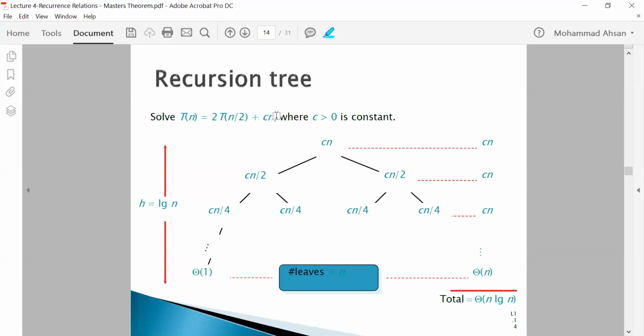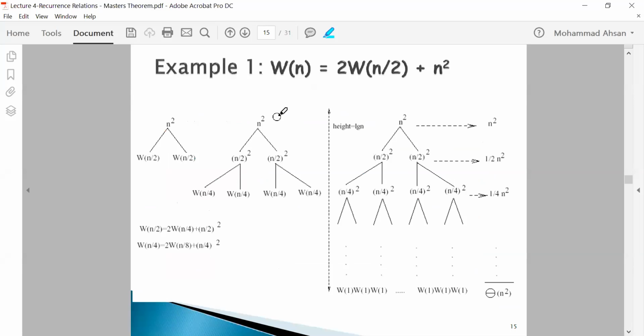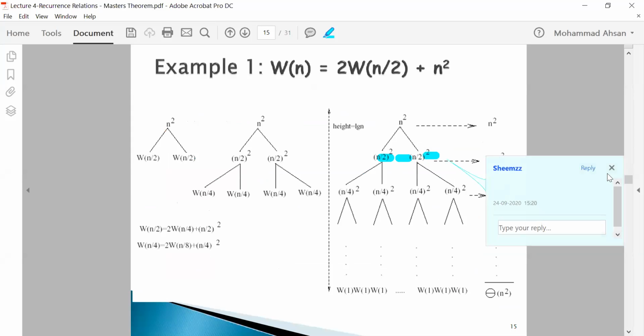Let's get to another example. It's the same problem. Wn is equal to twice Wn by 2, but the additional cost in this case is n square and not n. So if you see the tree here, this n square gets divided into n by 2 square, which is n square by 4.